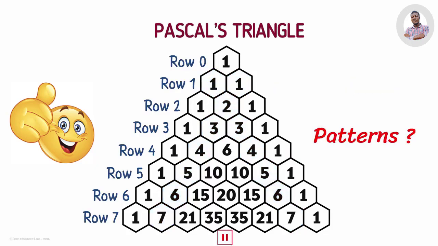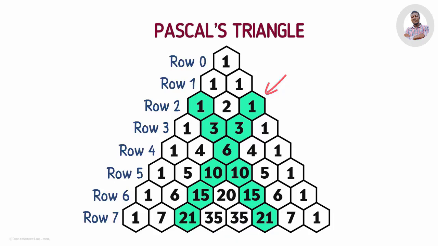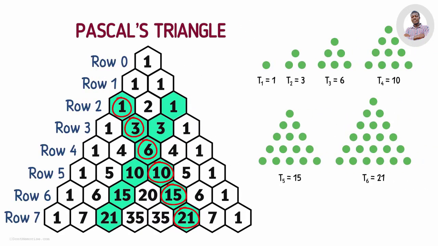Who can help find more patterns? Check out these two diagonals. What could this possibly be? The numbers are 1, 3, 6, 10, 15, 21. For each number, let's imagine the same number of circles and arrange them like this.